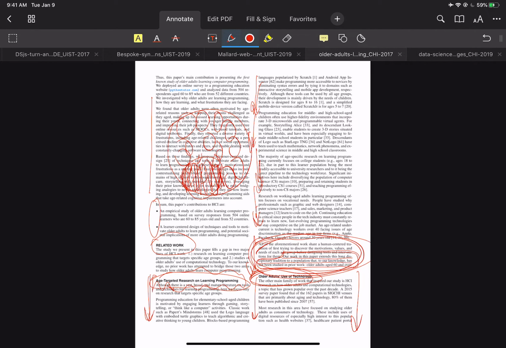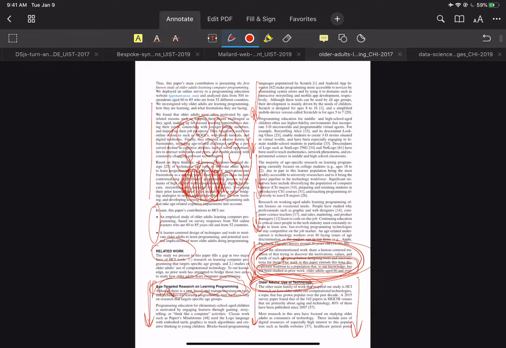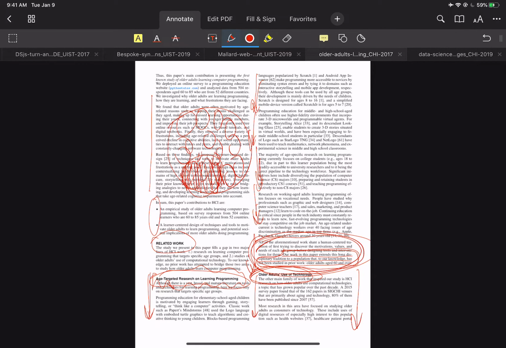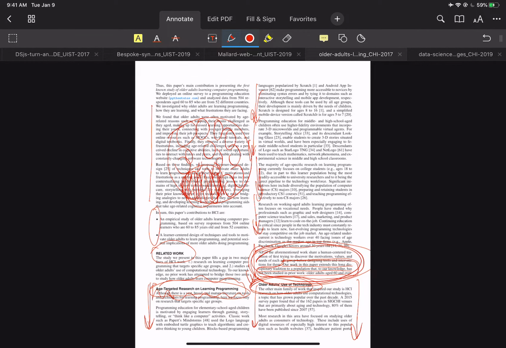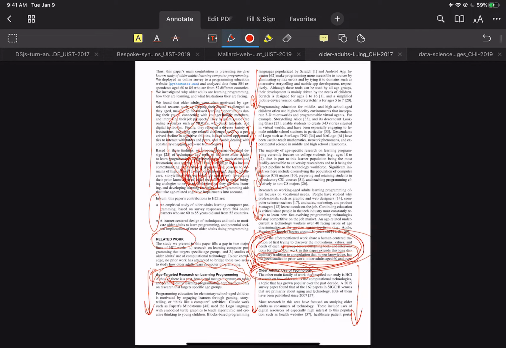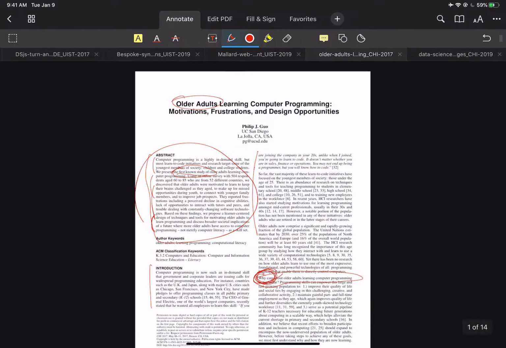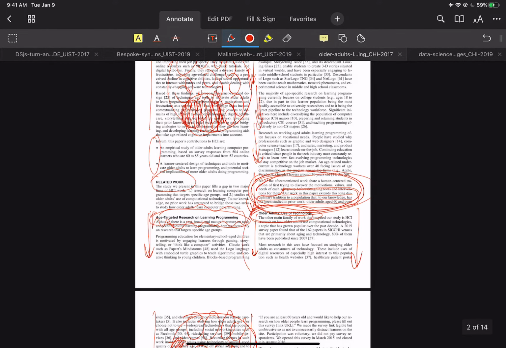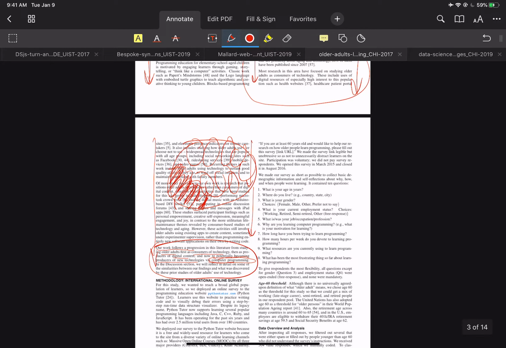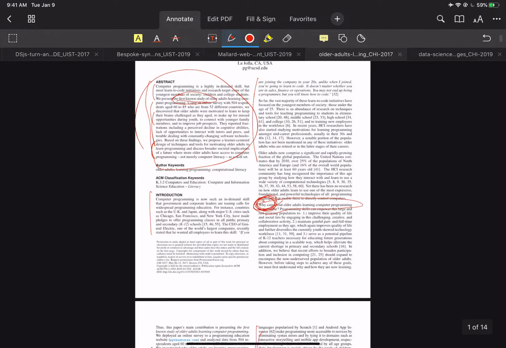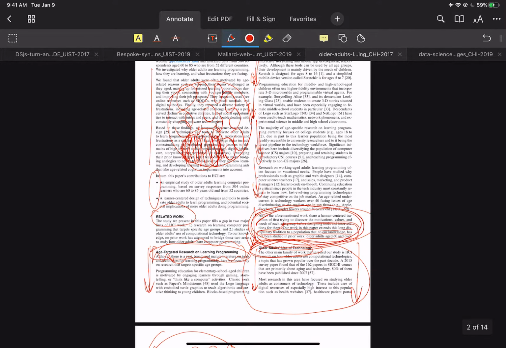The other thing about related work is that you really need to know your literature well, because if there are obvious sections of related work that are missing, it's going to count against you. If you're just missing one paper that's kind of tangential, it's fine. But for example, for this paper we submitted to CHI, which is a major HCI conference, if I didn't have this section about older adults' use of technology right here, it would be a total red flag, because there are a lot of papers at CHI and other HCI conferences about older adults using technology.